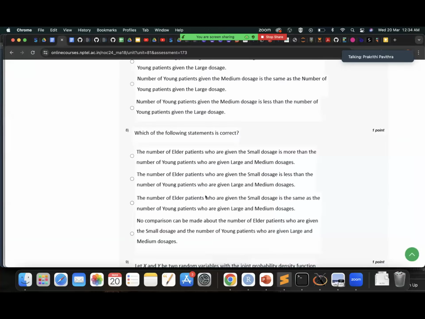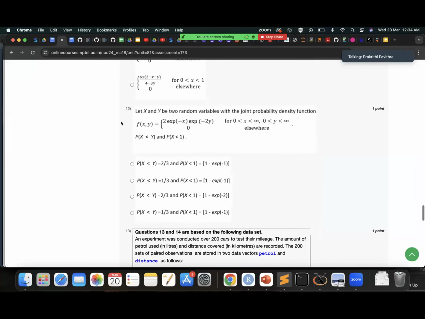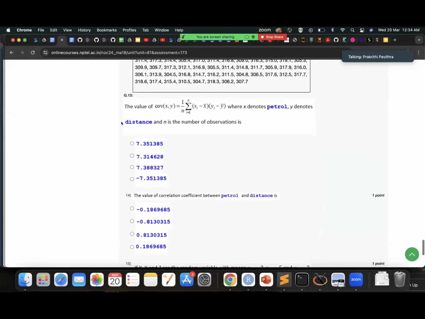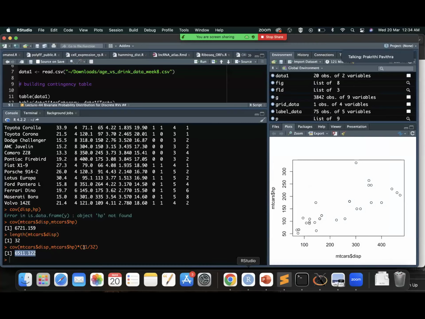Let me see if you have any problem of that sort in your question. Yeah, so you have question number 13 in your assignment. When you do this with R, you have to multiply by n minus 1 divided by n to get your answer. So you have to choose this answer in your options and not this.